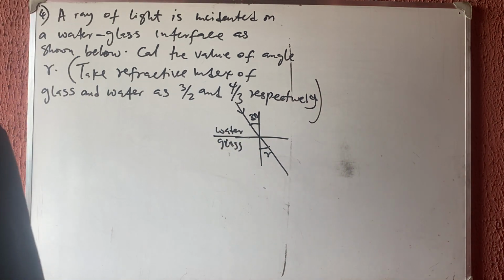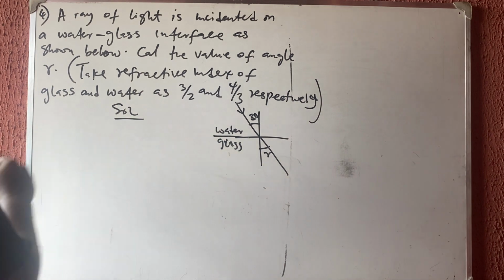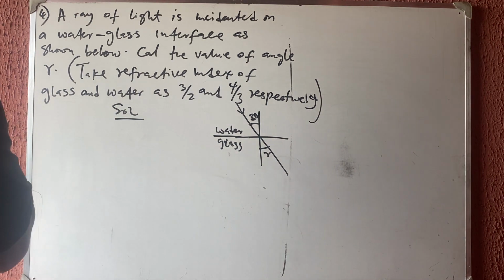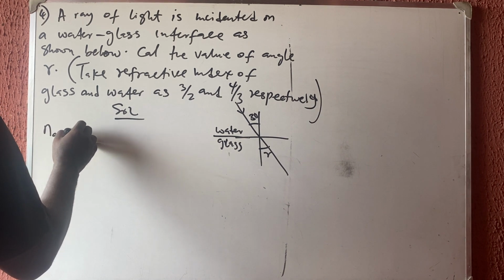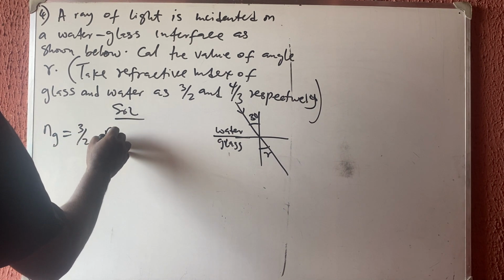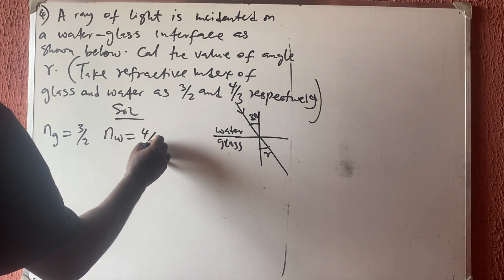Okay, so the solution is very, very simple. We know that our n of glass they gave us is 3 over 2, and n of water they gave us is 4 over 3.